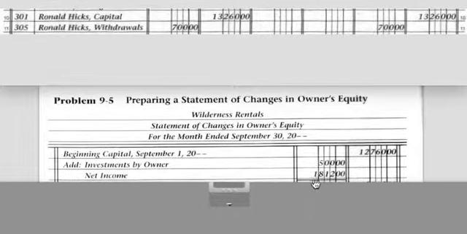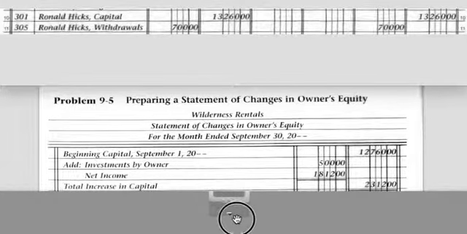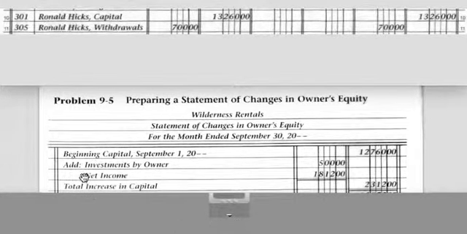Then you're going to put a single rule under 1,812 because we need to add the two increases to capital during the month. On the next line, you're going to write total increase in capital, and you're going to put that amount in the right column. Those two numbers added together are 2,312.